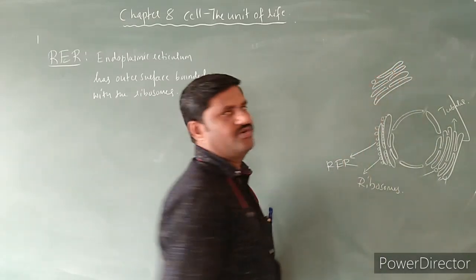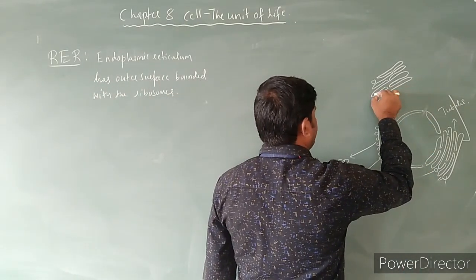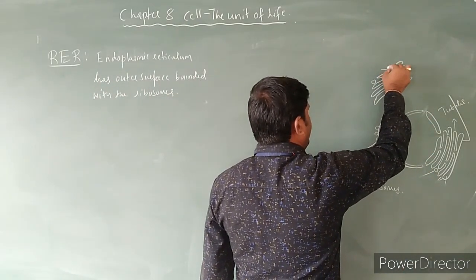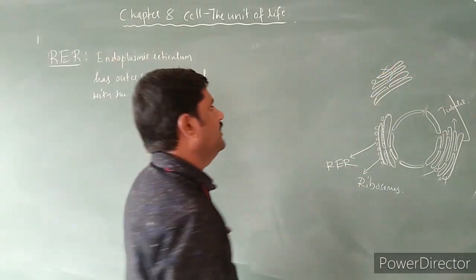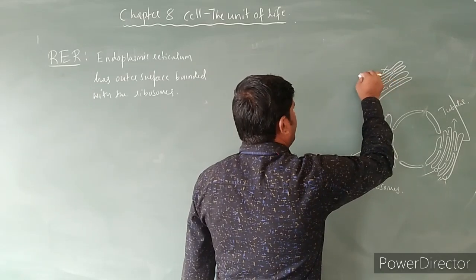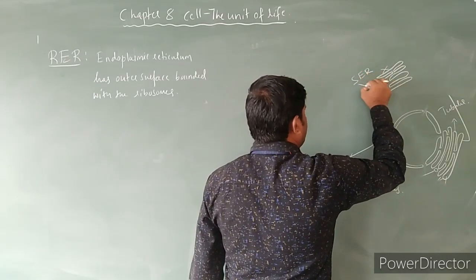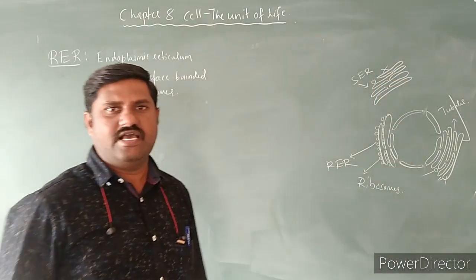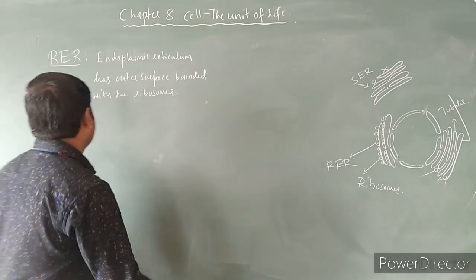This endoplasmic reticulum doesn't have any ribosomes attached on the outer surface. Hence, this kind of endoplasmic reticulum is called smooth endoplasmic reticulum.